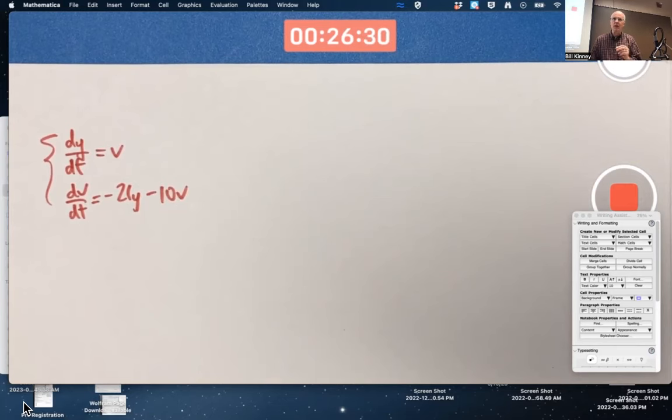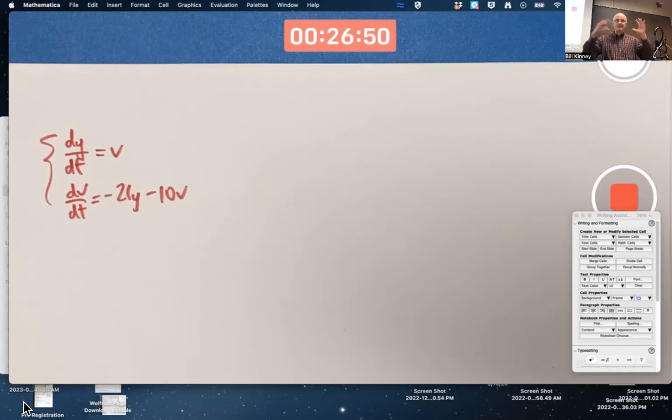To help me start drawing the phase plane, which is a generalization of a phase line. The phase plane is a two-dimensional generalization of a phase line from chapter 1. That's why the book introduces phase lines in chapter 1, so that we can do phase planes in chapter 2.